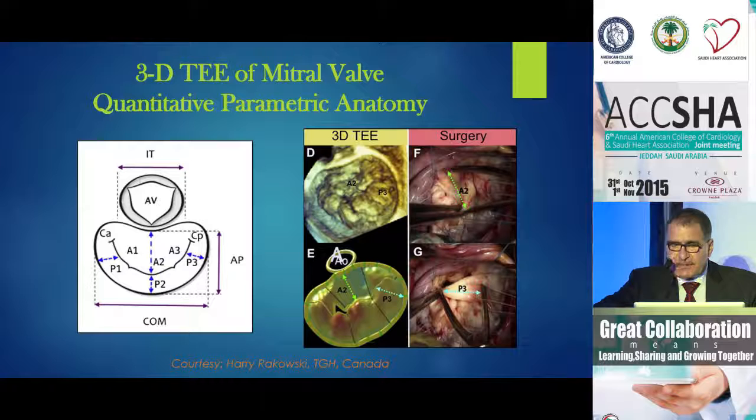And this cartoon on the left side, just for our junior staff, residents and fellows, when you talk about A1, A2, A3, P1, P2, P3, this is the en face view of the mitral valve, and it's important to remember that the most lateral is the A1, the most medial is the P3, and of course on the opposite side.